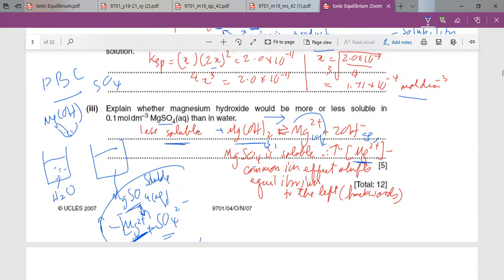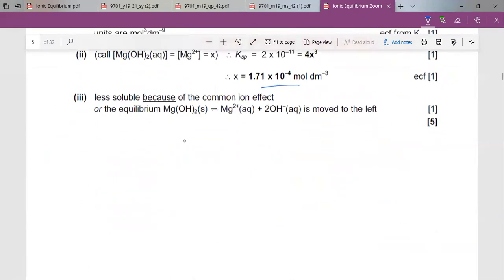So it's less soluble, because of the common ion effect. This equation going forward is soluble, going backwards is less soluble.